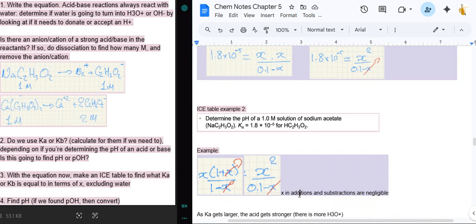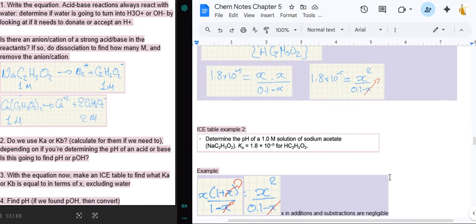This is just to save time on your ice table calculations.